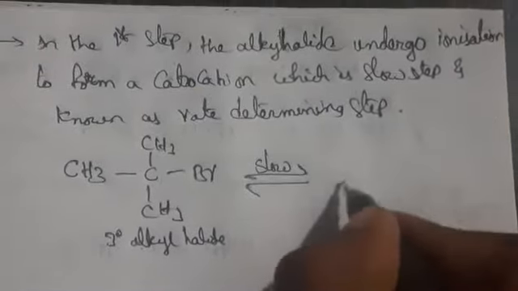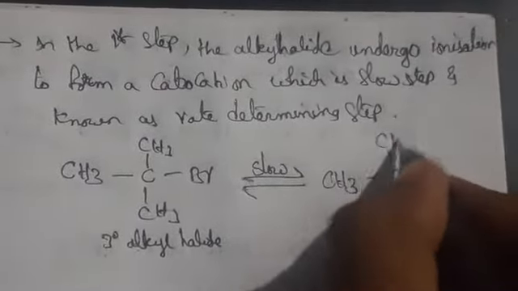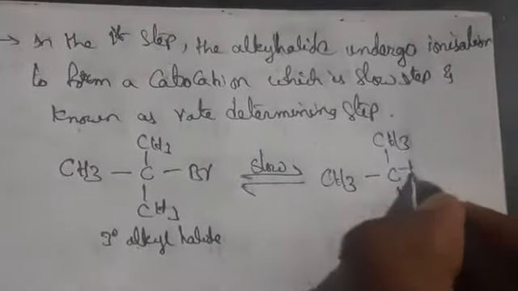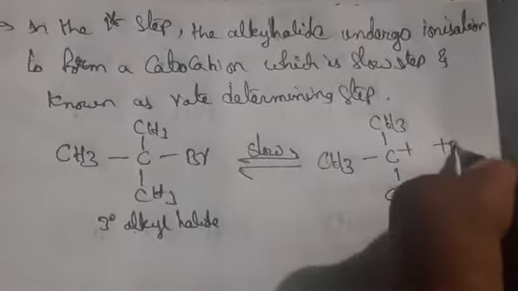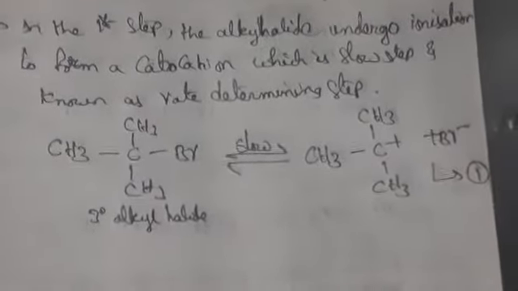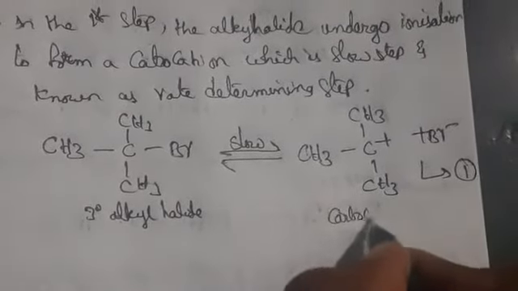It forms the carbocation intermediate, with cleavage of Br minus. This is the first step, where the carbocation intermediate is formed.